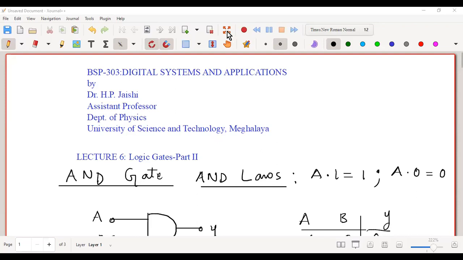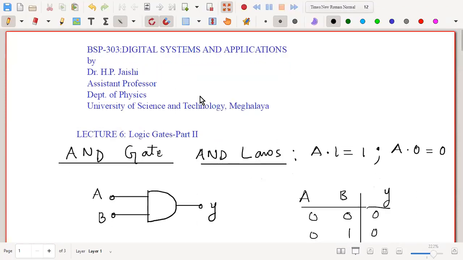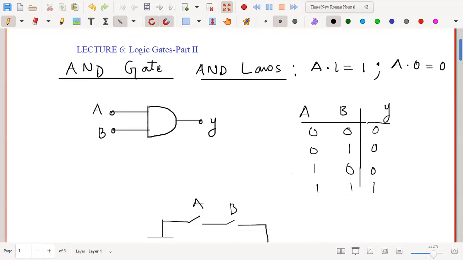This will be today's discussion on some of the basic gates, that is the AND gate and the NOT gate. I have already pre-written the presentation, so let us start discussing from the AND gate.